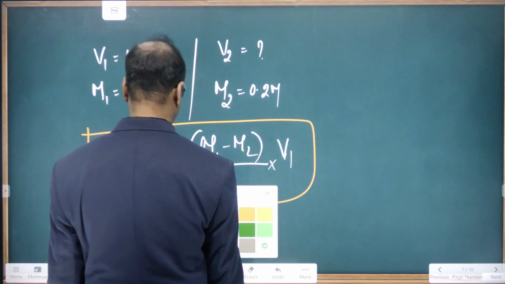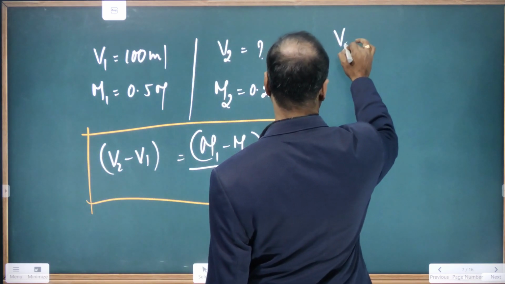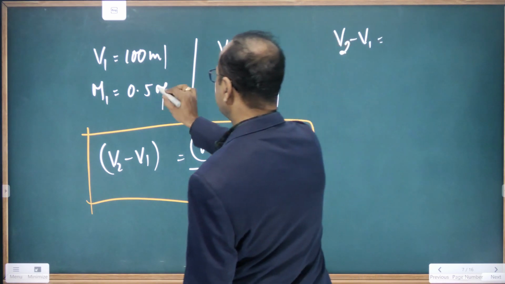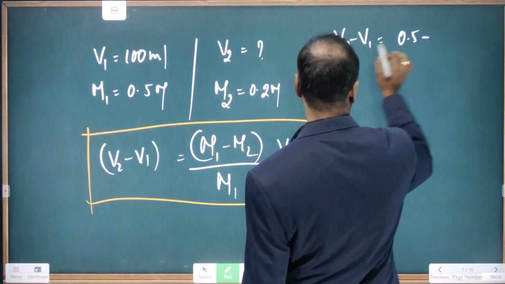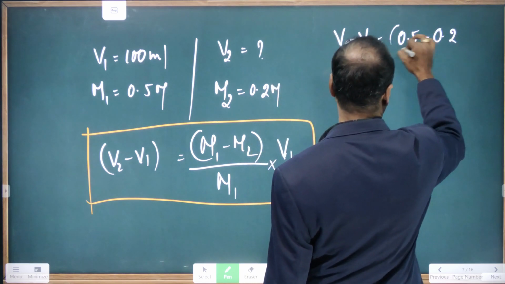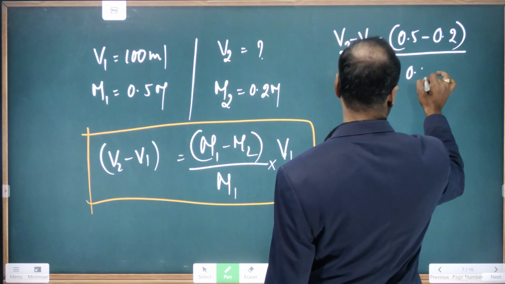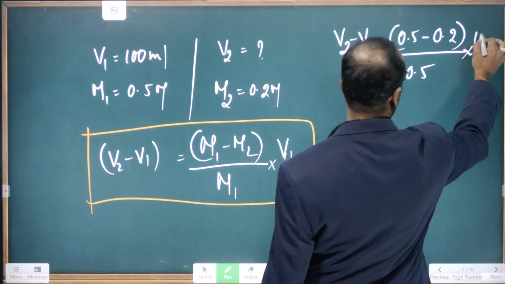So here let's see now how to solve. V2 minus V1 is equal to M1, M1 is 0.5, so 0.5 minus M2, that is 0.2, by M1, M1 is 0.5, into V1, V1 is 100.